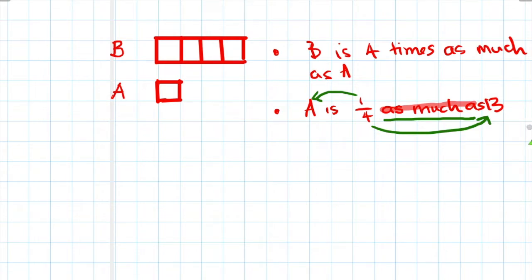Or they can also say A is 1/4 of B. Because if B is divided by 4, 1/4 of B, the total is 4 cubes. When I say "of", that means times.